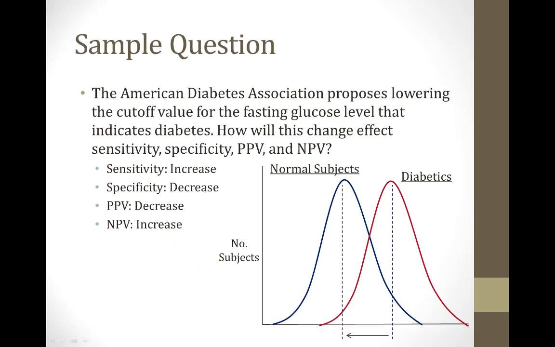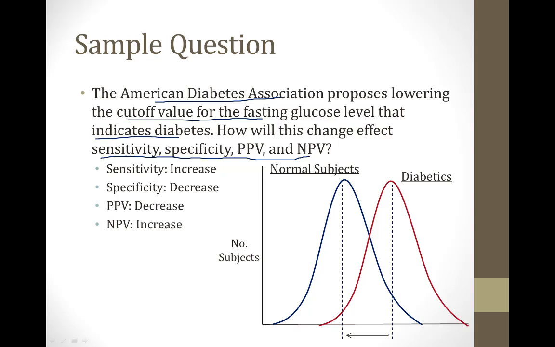So let's suppose that the American Diabetes Association proposes lowering the cutoff value for the fasting glucose level that indicates diabetes. How will this change affect sensitivity, specificity, positive predictive value, and negative predictive value? Well, now we've gone over all these things between the module on sensitivity, specificity, and this module.